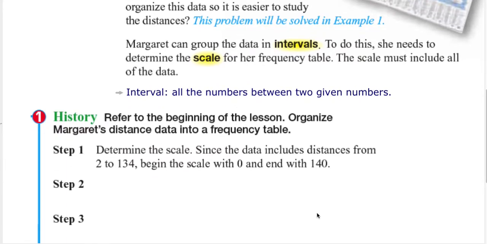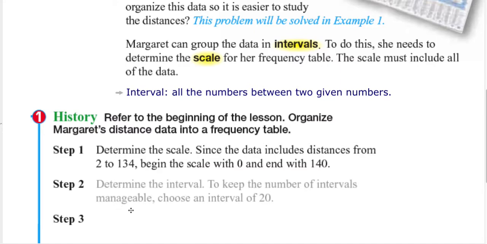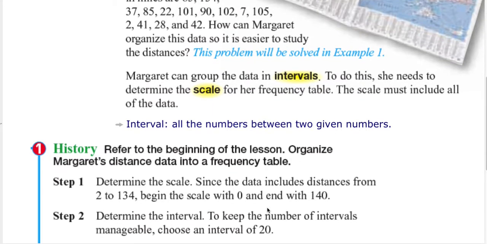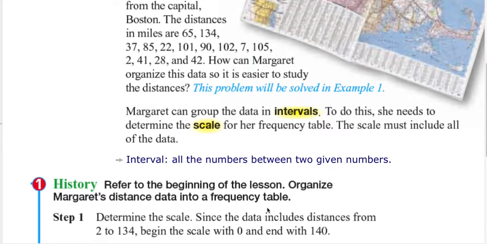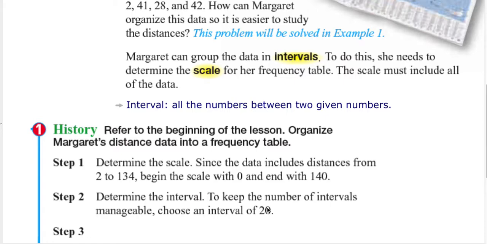After determining the scale, let's determine the interval. To keep the number of intervals manageable, choose an interval of 20. When you say intervals of 20, that means 0 to 20 can be an interval, 21 to 40 can be another interval, 41 to 60 can be another interval.